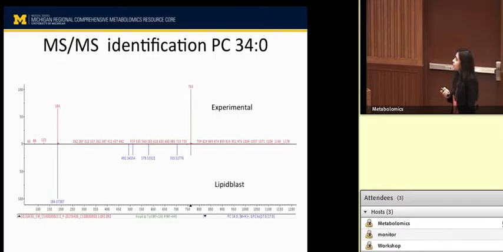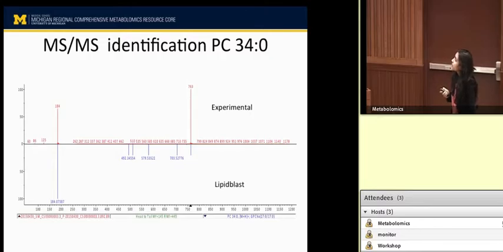So this is just an example to show how this works. PC 34:0, this is our internal standard that we spike in our samples. This one comes from LipidBlast, and this one comes from the experimental sample.